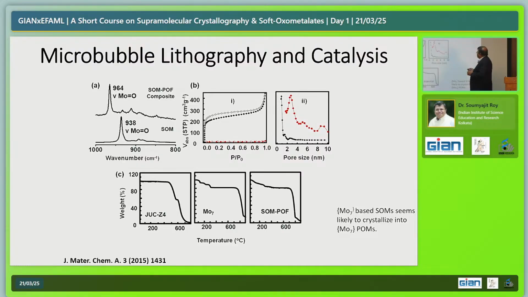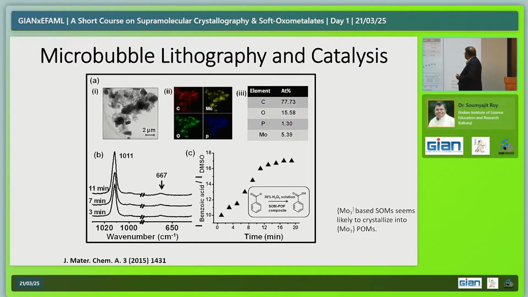These were the pores in the pristine compound; after doping with the Mo7, these pores totally disappeared. So that means they are going and sitting on the pore and creating a surface area which is accessible for your reactants. And the stability, we also checked it with the TGA.